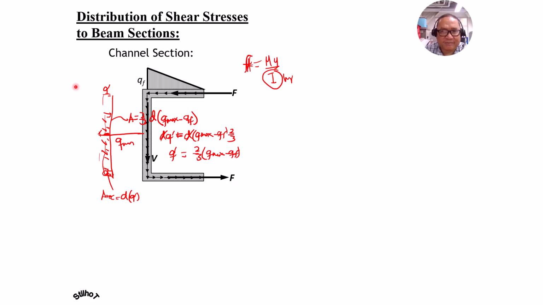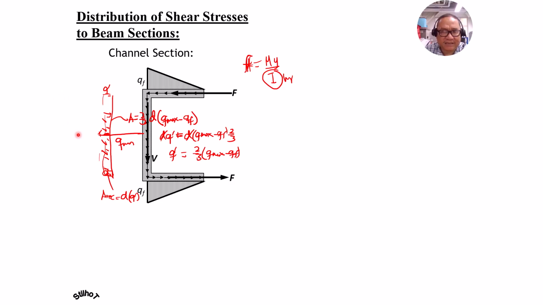So the maximum shear flow value at this junction is denoted by QF. This is also QF below by symmetry, and at the vertical web, because we have the same point, this is also QF, then it increases.